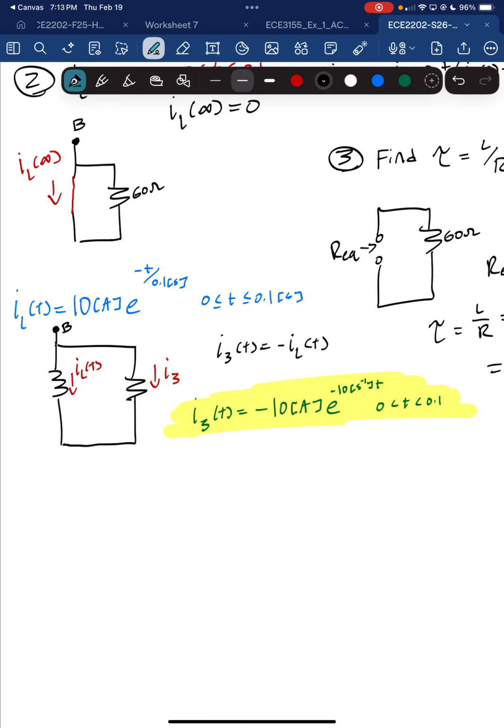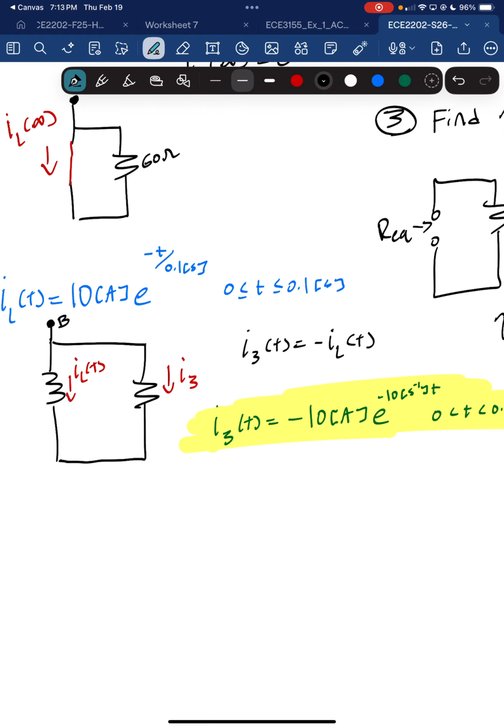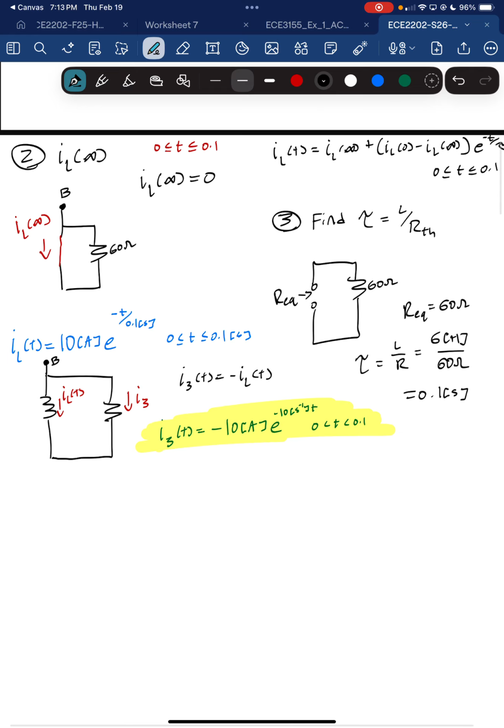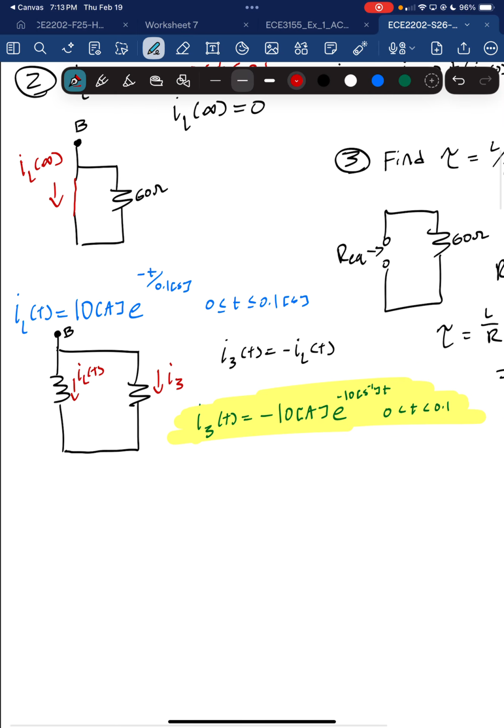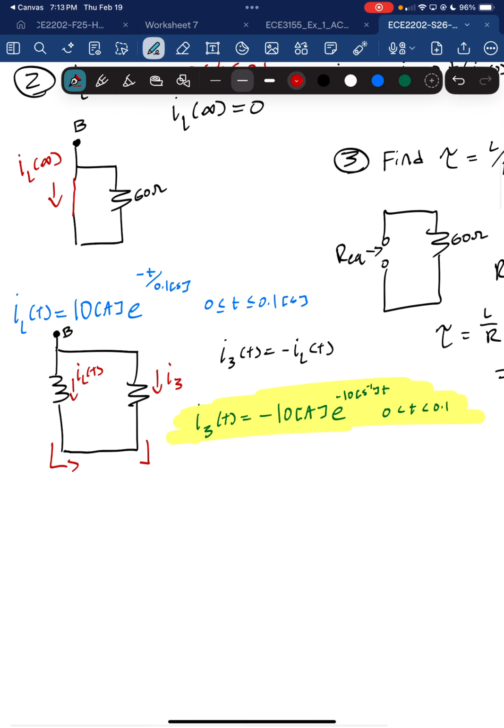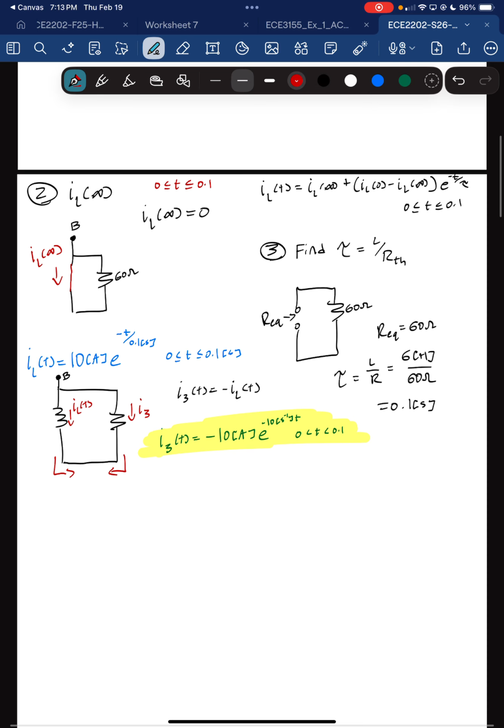Because at this point, the switch is in position B. So I'm just trying to look at this circuit for this time interval, 0 less than t less than 0.1, and looking to see how the currents relate. And so, since IL of t is 10 amps, I3 of t is just a negative. Exactly, because that current's going to go like that, and that current's going to go like that. Okay. So they're going to go in opposite directions.